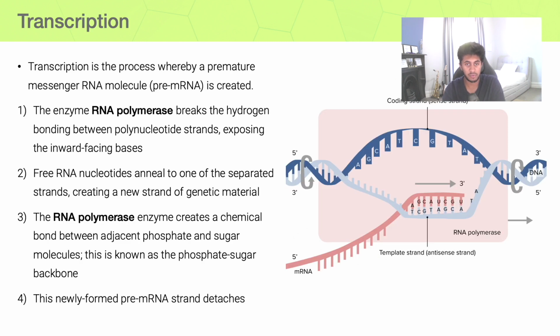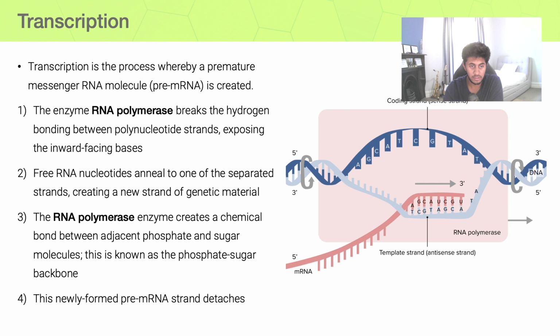Transcription is the process whereby a premature messenger RNA, otherwise known as pre-mRNA, is created. And there are 4 steps that are very, very similar to DNA replication. And we'll cover that in a little bit. So firstly, an enzyme, RNA polymerase, breaks the hydrogen bonding between polynucleotide strands, exposing the inward-facing bases, just as what happens in DNA replication.